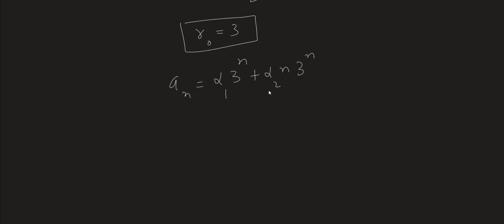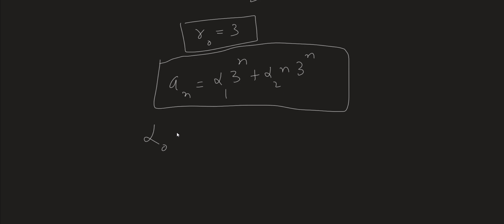Now alpha 1 and alpha 2 are unknown to us, and in that case the initial conditions can be helpful.